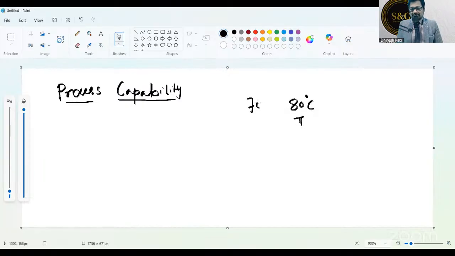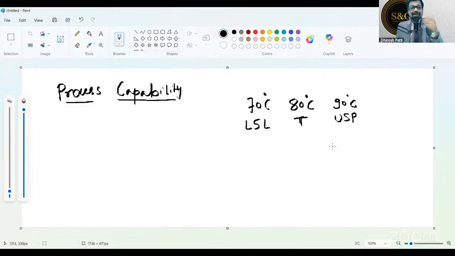Let's say 70 degrees centigrade, I'm just giving you some random numbers, is the lower specification limit, and 90 degrees centigrade is the upper specification limit. USL and LSL. These are called specification limits, nothing but customer requirement.